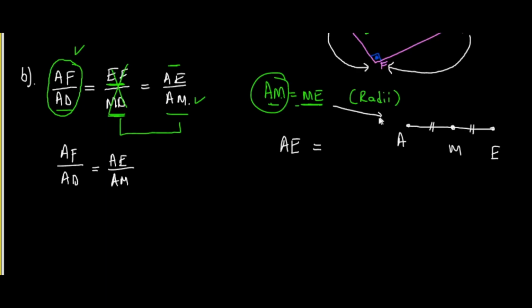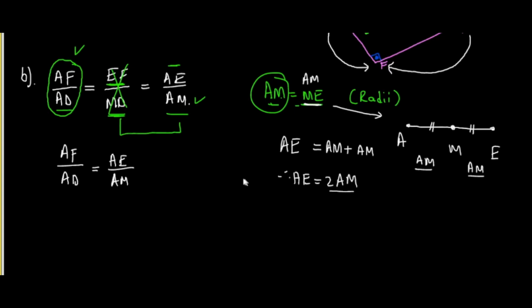Therefore, I can say this is AM. This is also AM. Since they are equal, instead of calling this ME, I can call this AM. So what is AE equal to? It's AM plus AM. Therefore, the length of AE is just 2 AM.